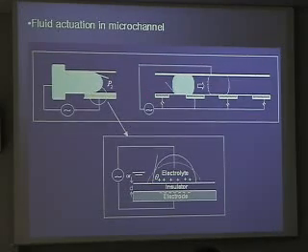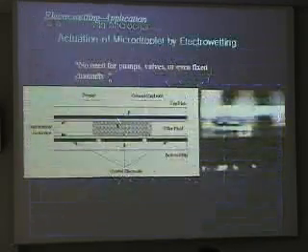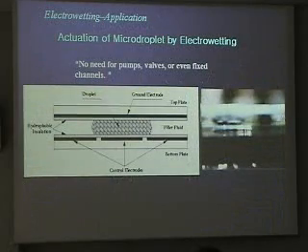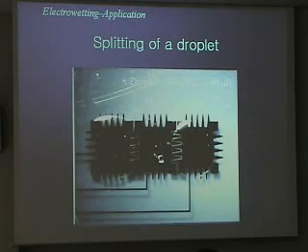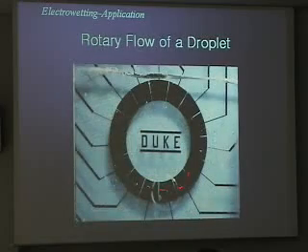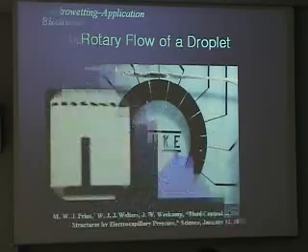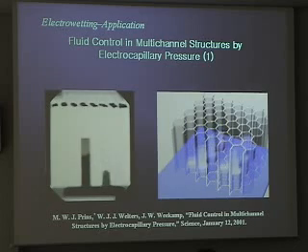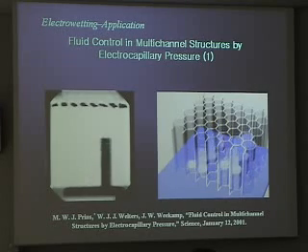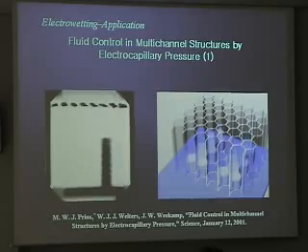That is the electrowetting mechanism. Some people use it to split the droplet, sometimes to merge, rotate and pump. But as you can see here, the response time is very short, so a very quick response. That is the advantage of electrowetting.